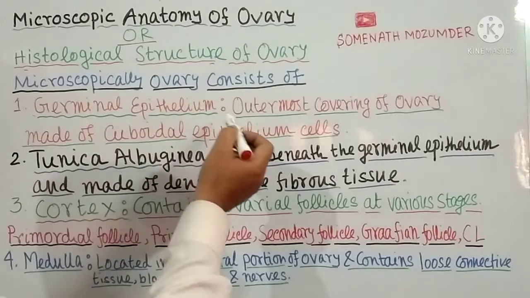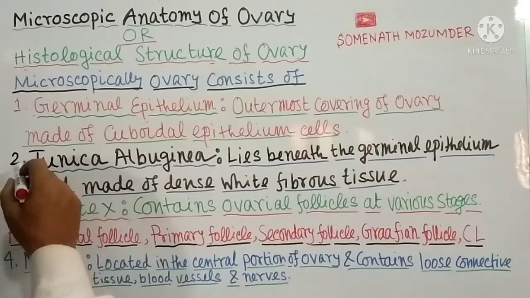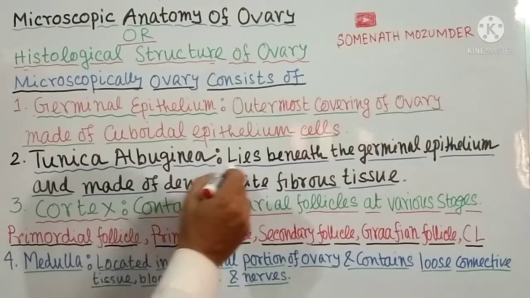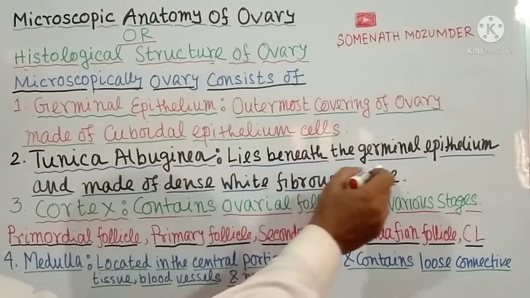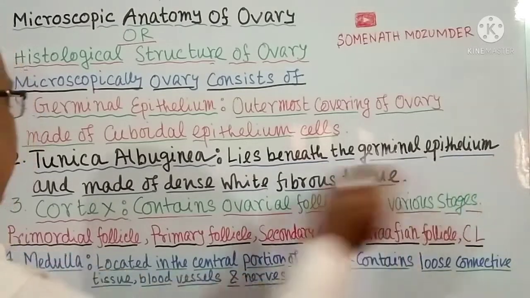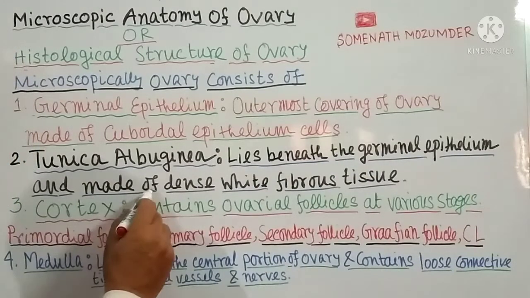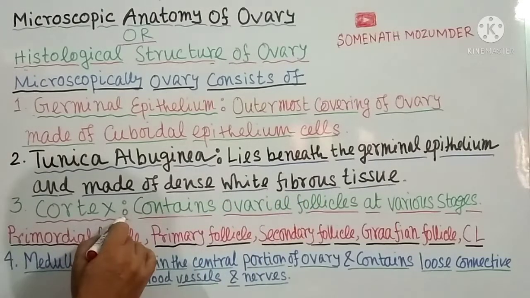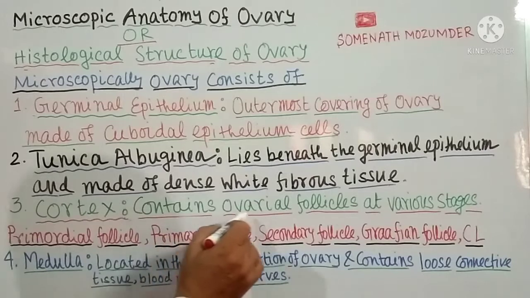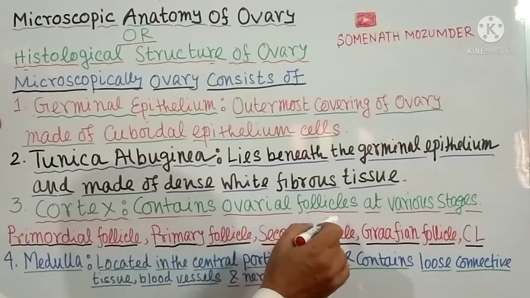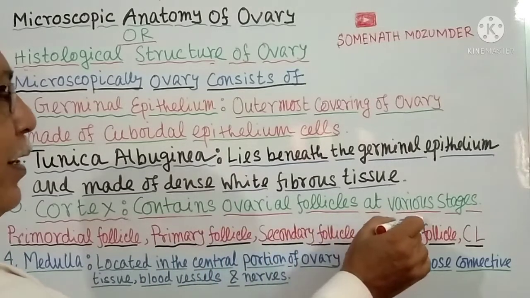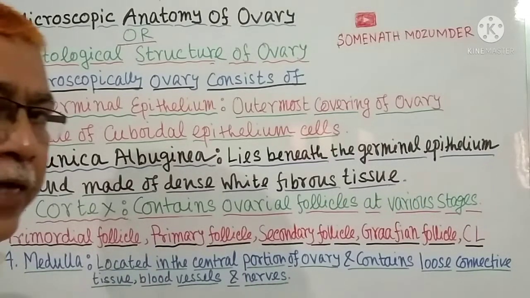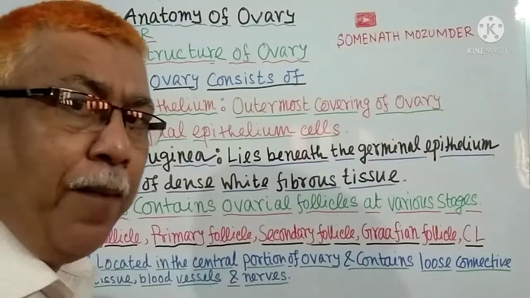Next to germinal epithelium, number 2 is Tunica albuginea, lies beneath the germinal epithelium and made of dense white fibrous tissue.